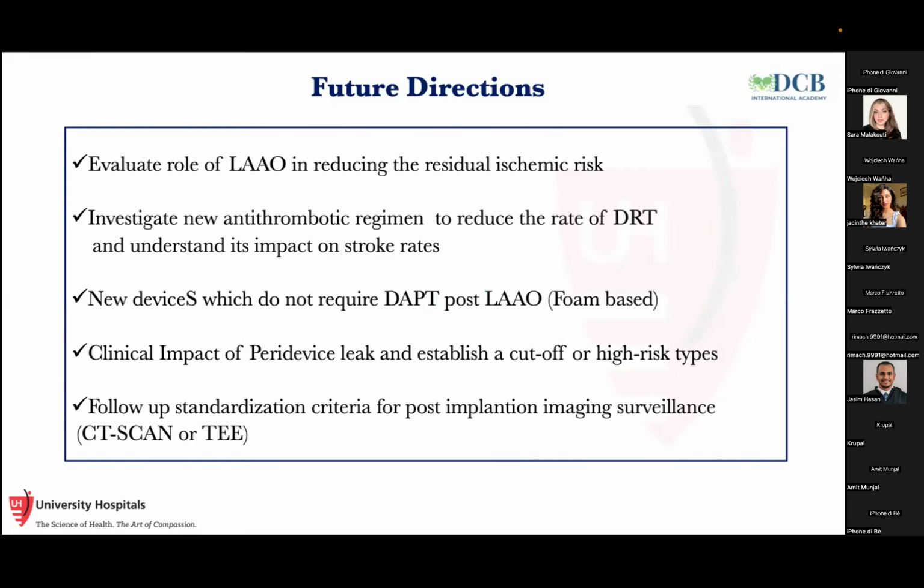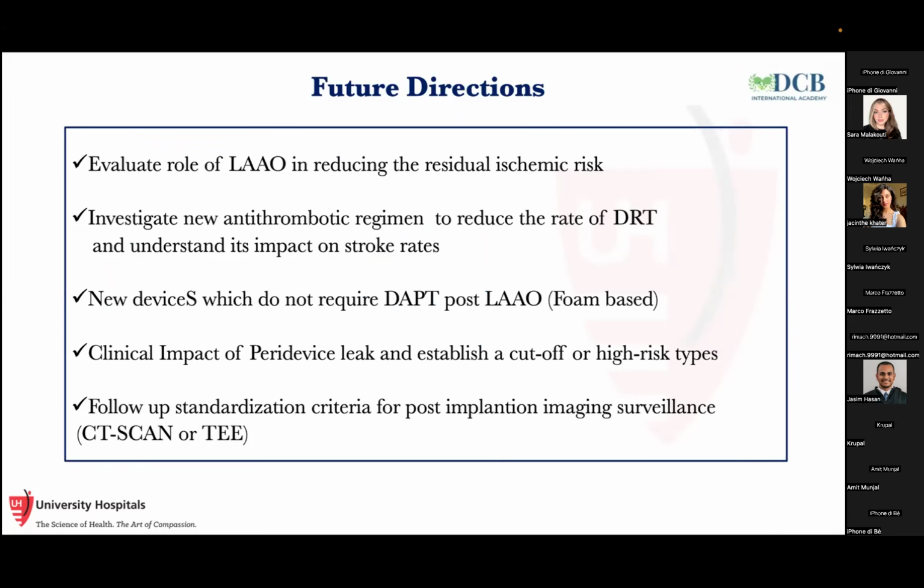So what are the future directions of these procedures? In my opinion, for my conclusion: evaluate the role of left atrial appendage occlusion in reducing the residual ischemic risk; investigate new antithrombotic regimens to reduce the rate of DRT and understand their impact on stroke rates, because this is another cloudy field; new devices which do not require DAPT post-LAO.